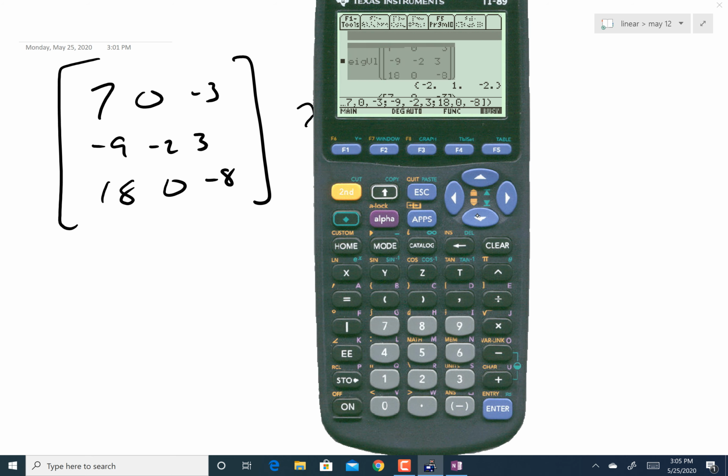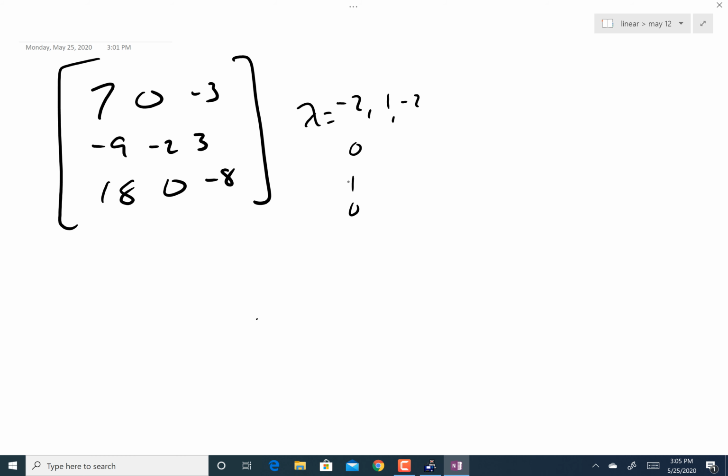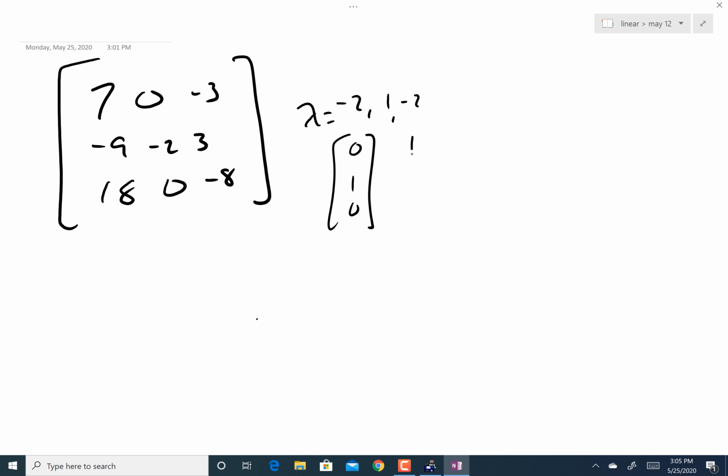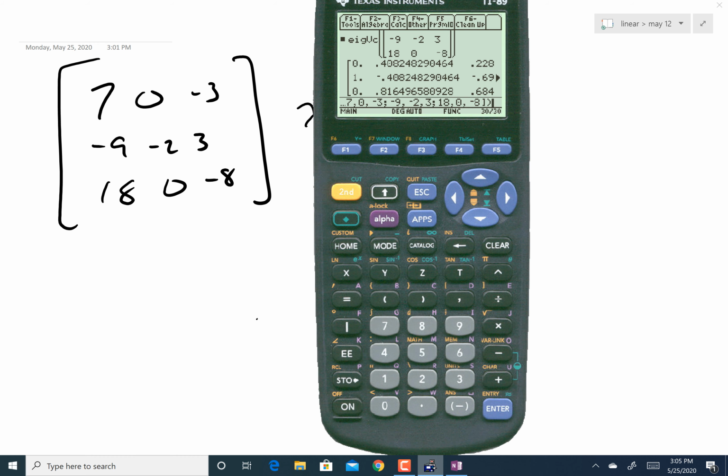Now I went in and got our eigenvectors. And of course 0, 1, 0. That's an easy one. And then the middle one you can see is 1, negative 1, 2. Pretty easily, I think you can see that. The last one's a little trickier. So 0.22, oops, where am I at here?